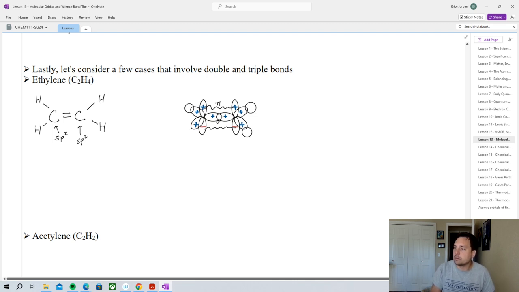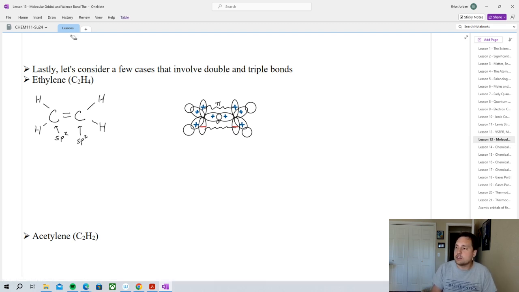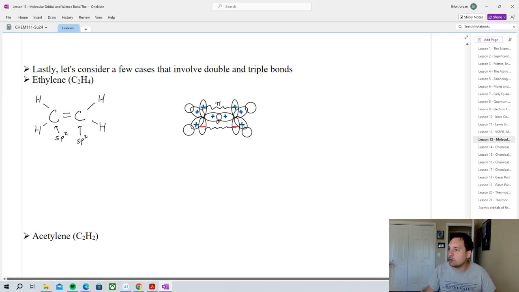So that's a fun way to depict ethylene. There we go. Okay. And then we don't need to have the positive and negative charges. They're a little unnecessary for the hybrid orbitals, so I'm going to get rid of those. I think I'm going to leave them for the p orbital so you can see those ones clearly.